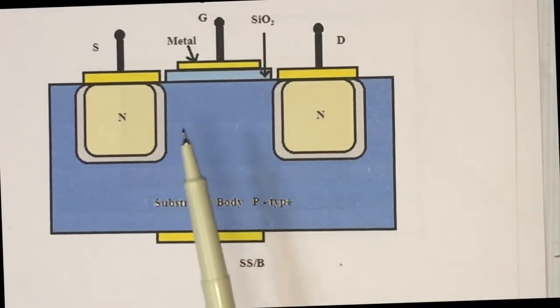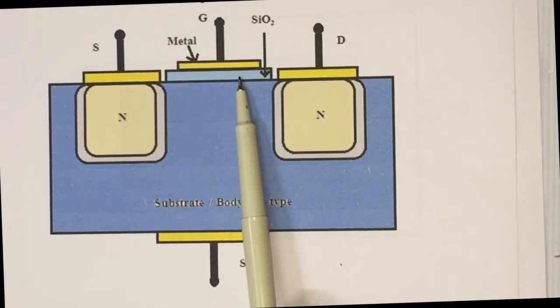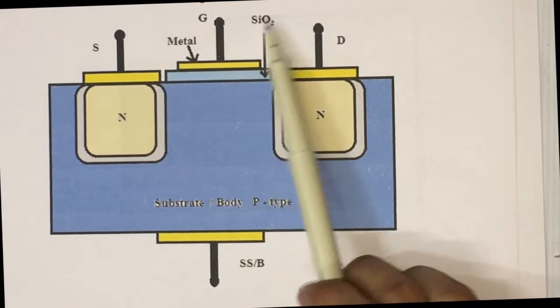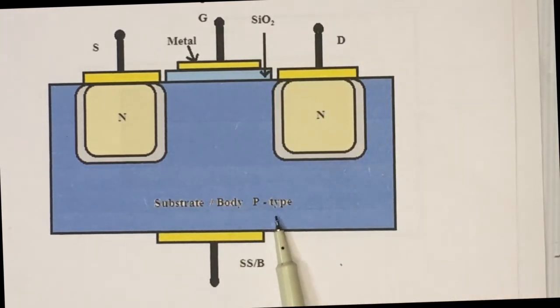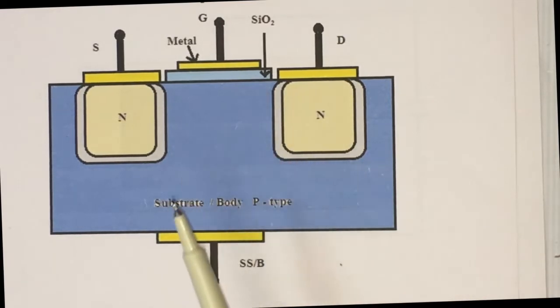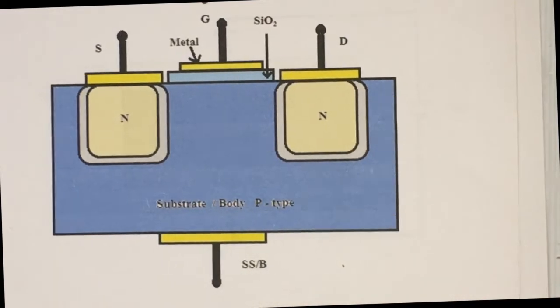Now we will understand the role of the silicon dioxide layer. If we apply a positive potential to the gate with respect to the substrate or body, capacitor action starts. The gate and the substrate play the roles of the two plates of a parallel plate capacitor, while this SiO2 layer plays the role of the dielectric medium.